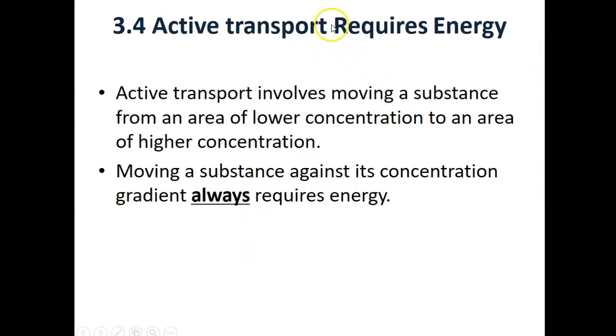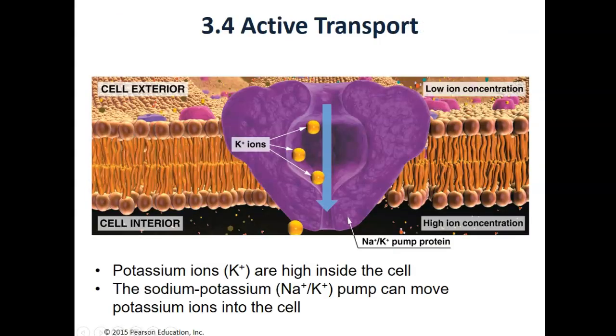Active transport requires an energy molecule to help the molecule across the membrane. The reason is that molecules will move against the concentration gradient. The molecules will move from low concentration area to high concentration area. An example is the potassium pumps located across our cell membrane.